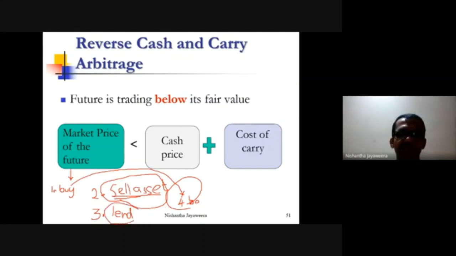Not only that, when you buy this asset, you have to pay cash. For that, you use the proceeds of your lending transaction to buy this. Once you settle all these things, there should be a positive cash flow for you.